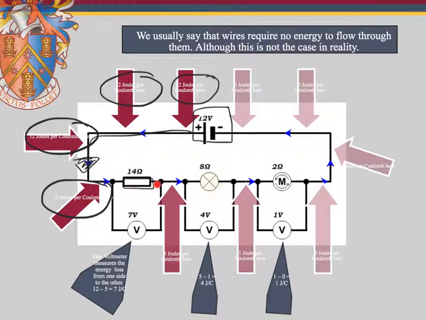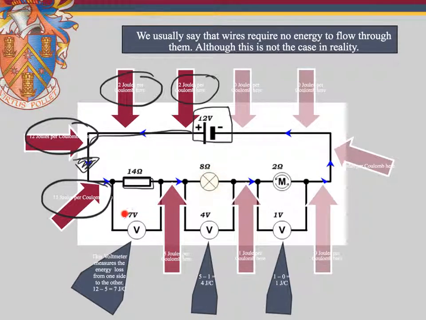Okay, so 7 volts is the change, and that's what the voltmeter reads. It's the change in voltage. Now it's got 5 volts here, and as it goes through this 8 ohm resistor, it now has 1 volt or 1 joule for every coulomb. So it's used 4 joules per bit of charge to get through this 8 ohm resistor.